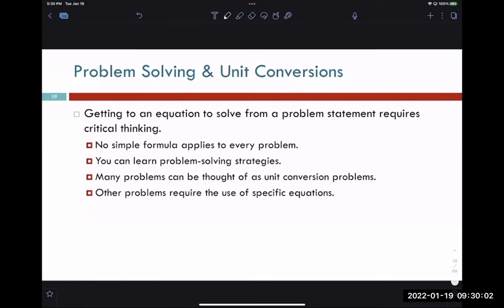Unit analysis, so what we did last week in the workshop, the worksheet that's due at the end of this week, even the lab we're going to do today, are all to help you develop strategies for doing these ultimately unit conversions that make up most of the word problems in this class. Right, like it says here, most of them can be thought of as unit conversion problems. And there will be a few specific equations that you will have to use, just a handful.